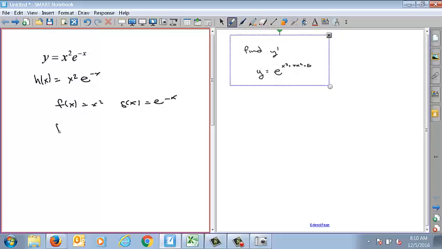Then you calculate f prime of x and g prime of x, and the product rule says that the derivative of the product is not the product of the derivatives, but it's going to be equal to f prime of x times g of x plus f of x times g prime of x.